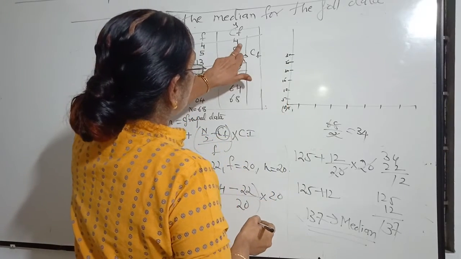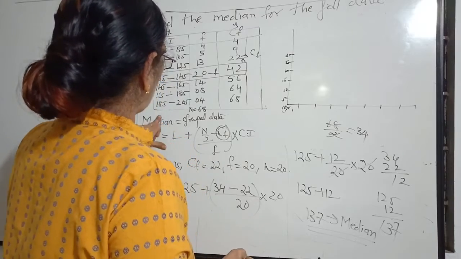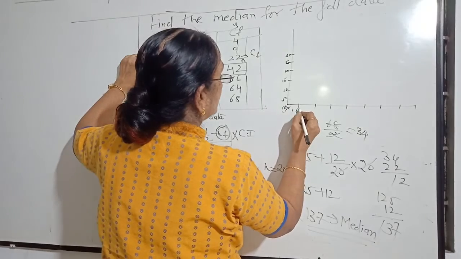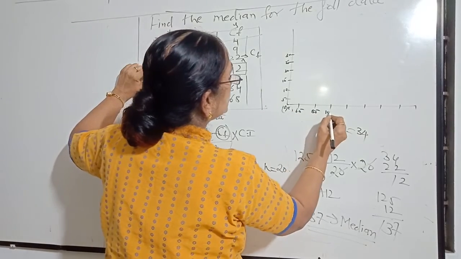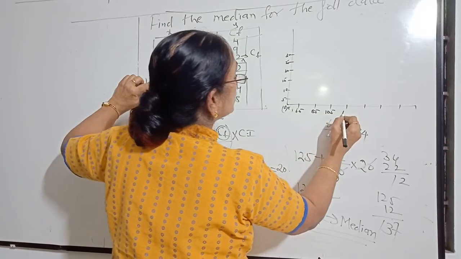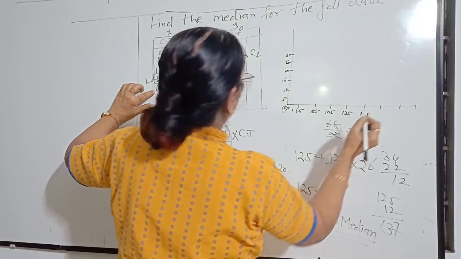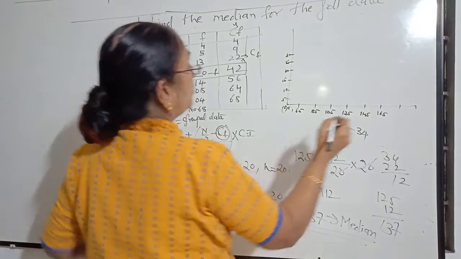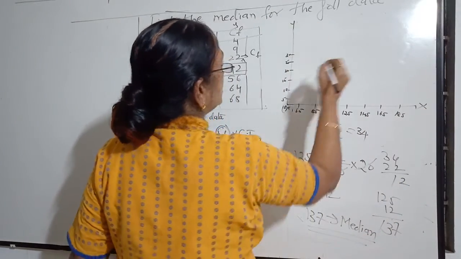So you start with CF 4 and you take any one, either this number or this number. So this one is 65. The next number will be 85. This is 105. This is 125, 145, 165 and 185. This is x-axis, this is y-axis.